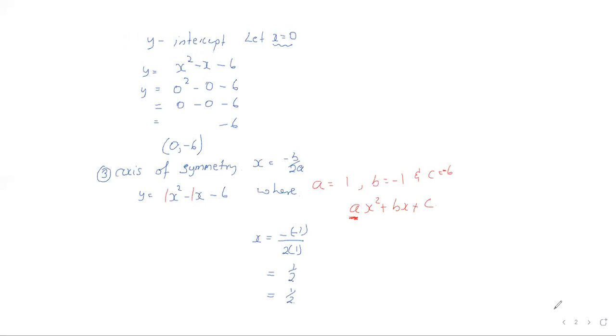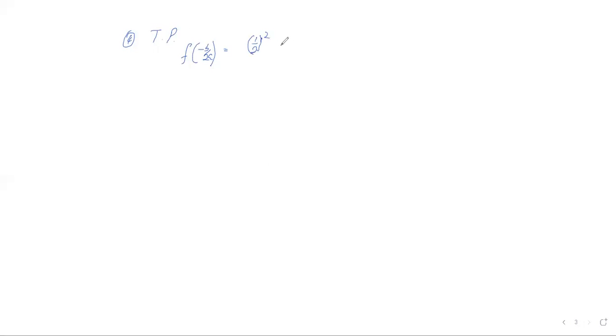Let's check the previous page. Now that was a half. So we have a half squared, which is a quarter, minus a half minus 6. I like those fractions.